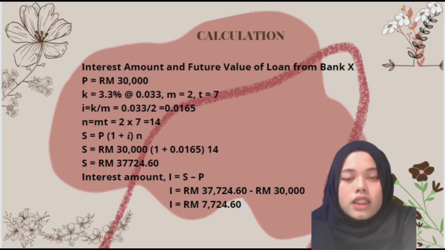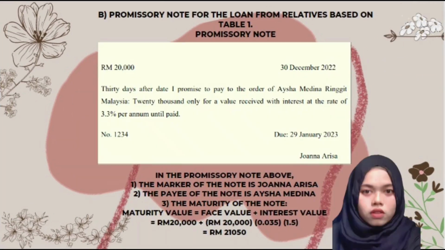And for the interest amount, using the compound interest formula also, which is I equals S minus P. I equals 37,724.60 minus 30,000. So the final answer for the interest amount is 7,724.60.